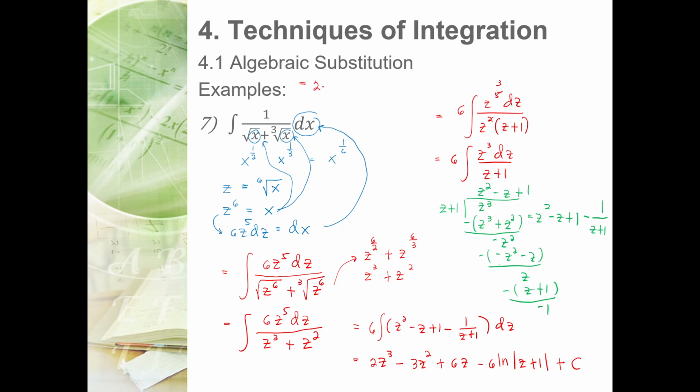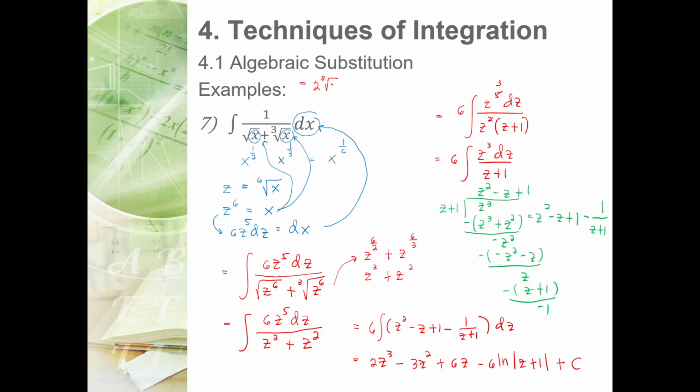So let's try to make it even more simple. There are times that it's okay for us to write it in the radical expression. So 6 over 3, that's 1/3.